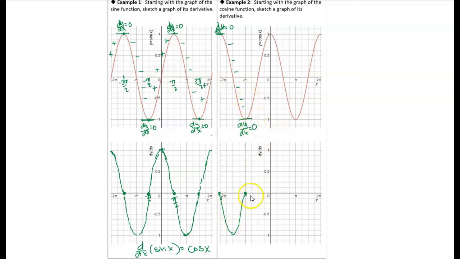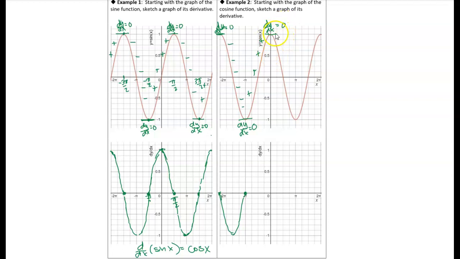All right, and we turn around at negative pi. Right now, the slope looks like it's positive, right? The slope is positive, which means the derivative is positive, which means the derivative is above the x-axis, all the way from negative pi to 0. Okay, so from negative pi to 0, we're above the x-axis, and here it's looking like the derivative is turning around again, right?